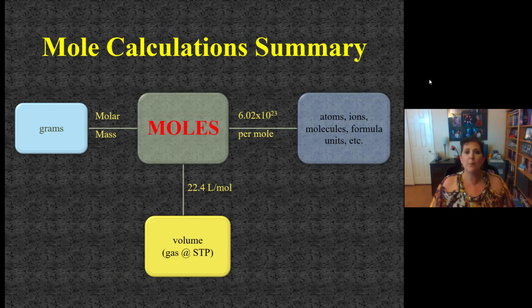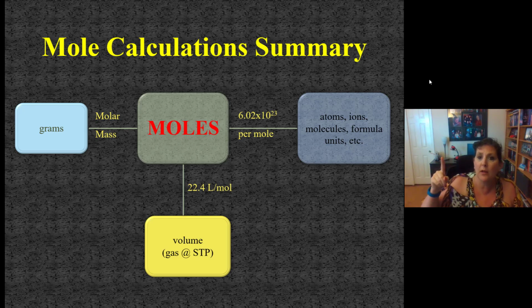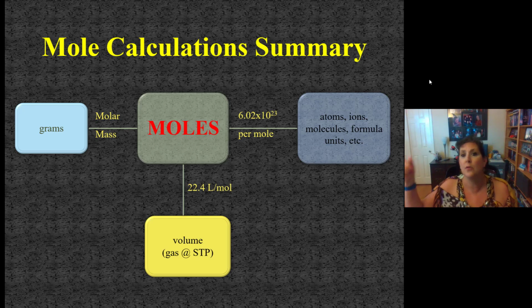So this table just summarizes what we've done so far. We have learned to go from grams to moles using a molar mass, or moles to grams. We have learned to go from moles to atoms or molecules using Avogadro's number, or atoms and molecules to moles using Avogadro's number.